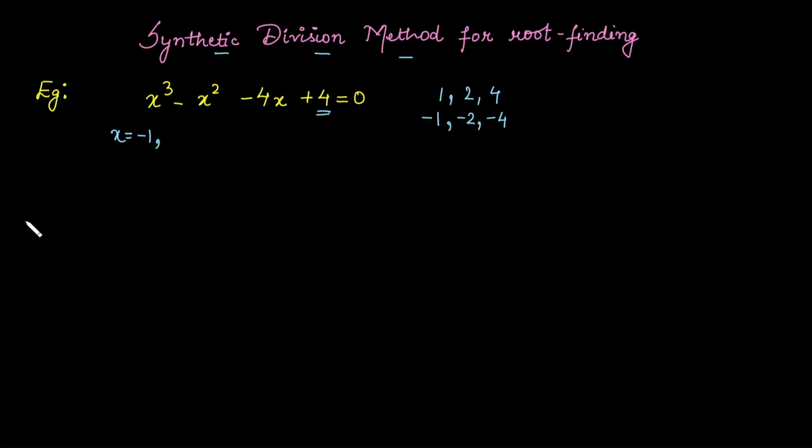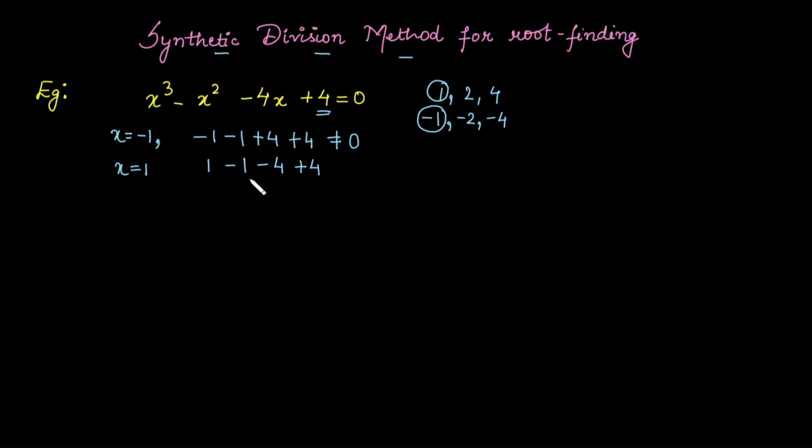When you put x is equal to minus 1, what are you getting in this case? Is this equal to 0? No. So clearly x is equal to minus 1 is not a root of this equation. Let's take x is equal to 1. When you take x is equal to 1, in this case we get 1 minus 1 minus 4 plus 4.